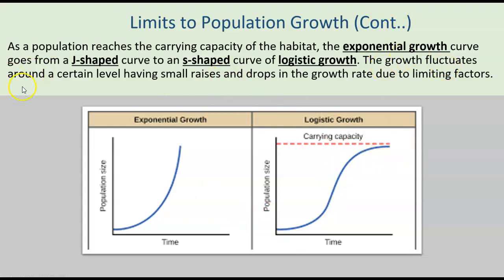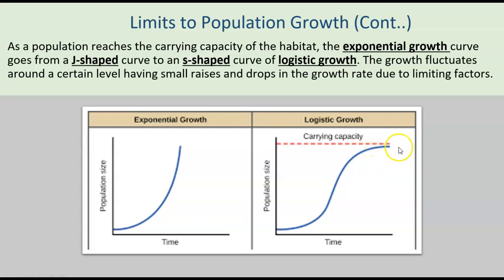The growth fluctuates around certain levels and will eventually rise and drop in small amounts due to limiting factors. When we look at carrying capacity, it's going to basically hover along this line. This blue line doesn't really show it that well, but if we were to zoom in on this line, we'd see a whole bunch of ups and downs occurring within that population.